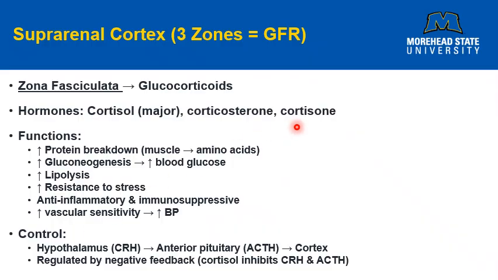All right, so the next cortex zone, okay, is more so your glucocorticoids. All right, so this is like cortisol, which is the most major hormone. There's others, but cortisol is the most major, and we'll talk more about it. And so they all have their functions. Each may be a little different, but overall they have functions for protein breakdown, gluconeogenesis, fat metabolism, resistance to stress, anti-inflammatory and immunosuppressive features, and increasing vascular sensitivity.